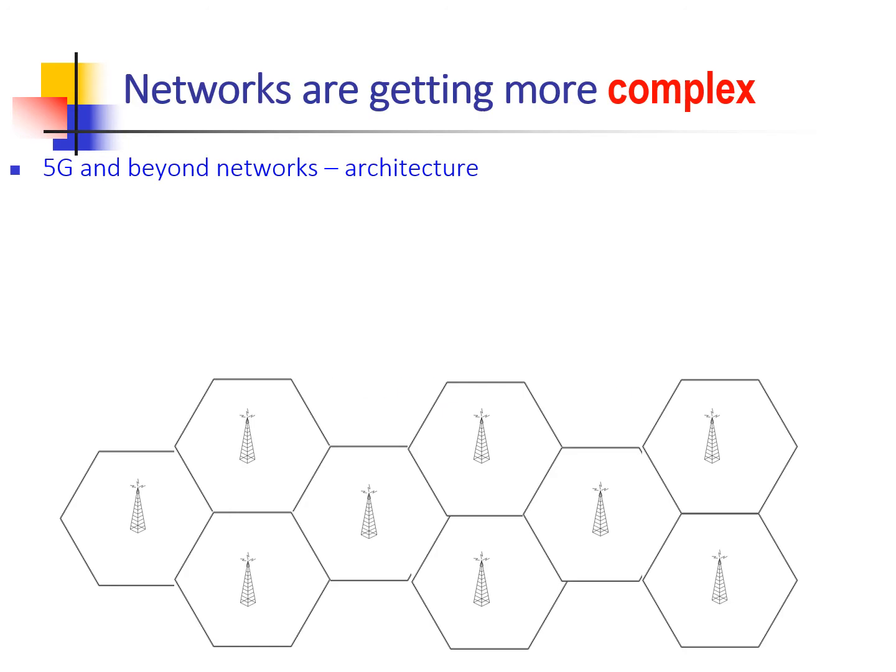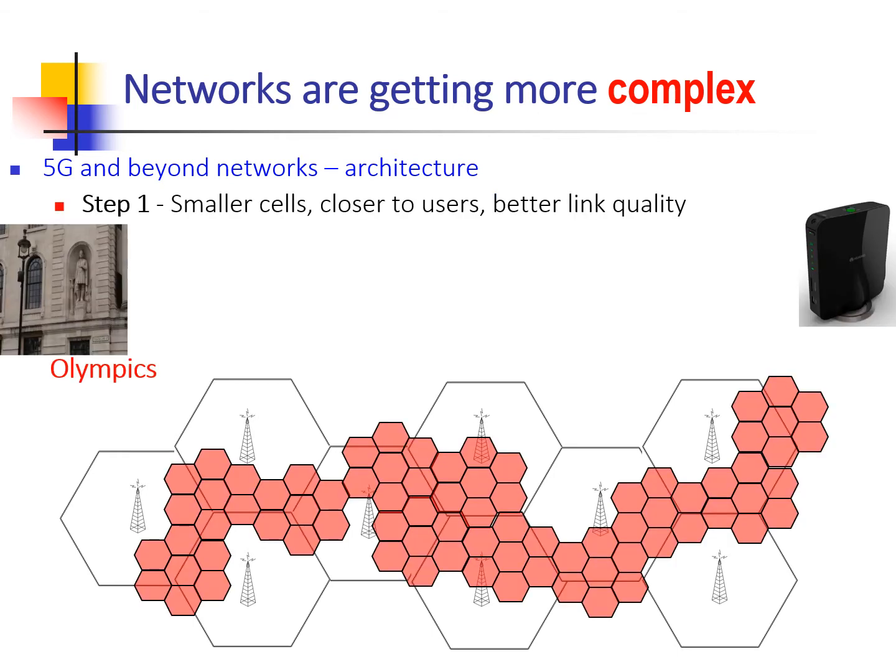All right. So first, we need to set the scene a little bit. What is happening with the advent of 5G, beyond 5G, or even 6G? What we can already see is that networks are getting more and more complex, right? Of course, already with the advent of 4G, we could see the development of small cells or picocells in order to increase the coverage and boost capacity.